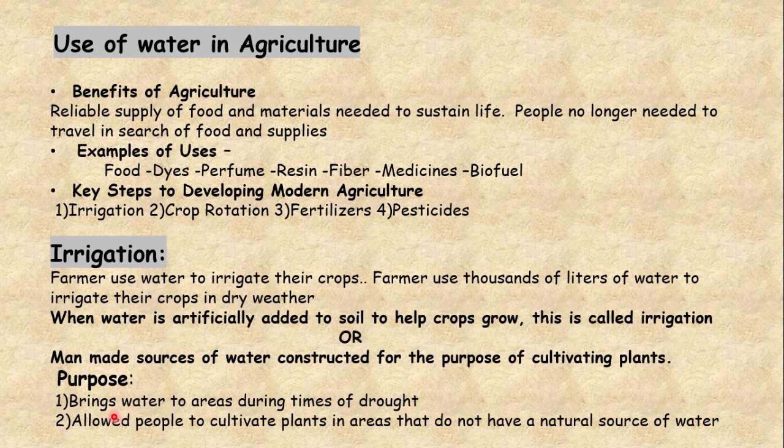Then we have to supply artificial water to the land so that it can fulfill the needs of the crops. The second purpose of irrigation is that it allows farmers to cultivate plants in areas that do not have a natural source of water. It means the soil is dry and does not have sufficient water in it, so the farmer uses irrigation.